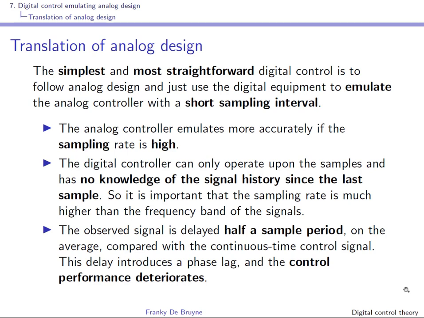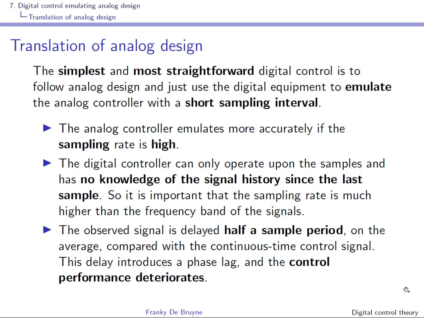The analog controller is emulated more accurately if the sampling rate is high, so if the sampling period is short. This is because the digital controller that is emulating the analog controller operates upon the samples that are available and has no knowledge of the signal history since the last sample.